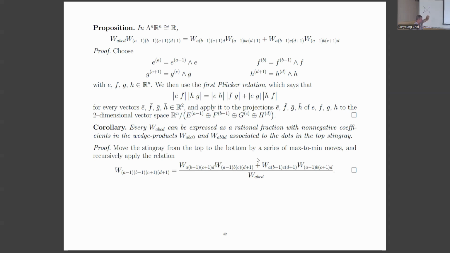And clearly, when the stingray moves from the top to the bottom, this is going to cross ABCD at some point. And so you're going to get all of them like this. Okay, but these wedge products. We wanted the cross ratios.